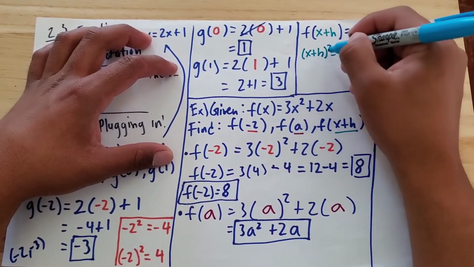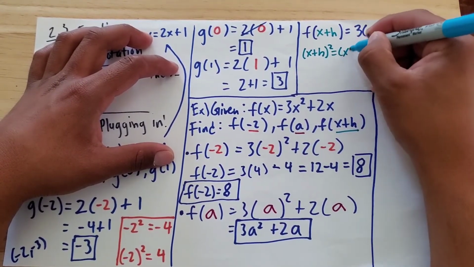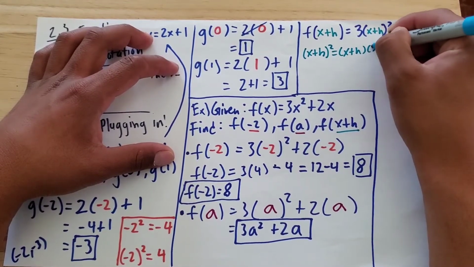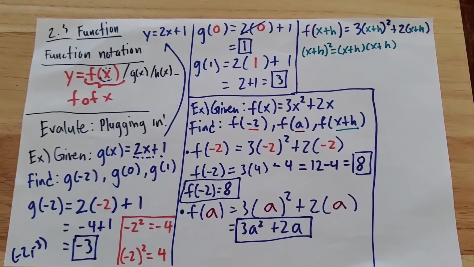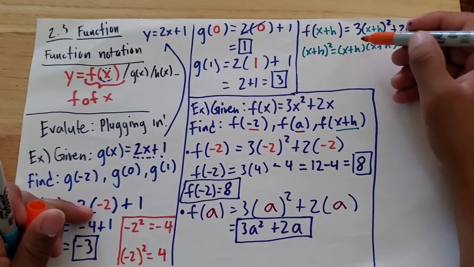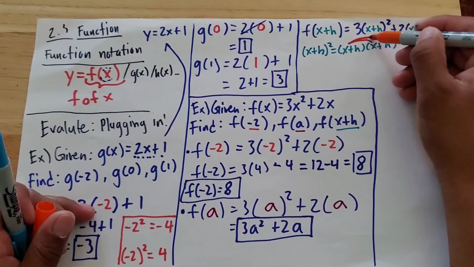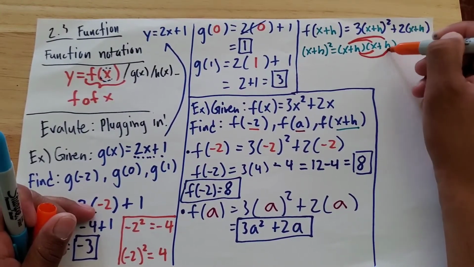Because I know x plus h squared means x plus h times x plus h. And this, I have to use the distributive property. I have to distribute the first term to these two and the second term to both of these two.